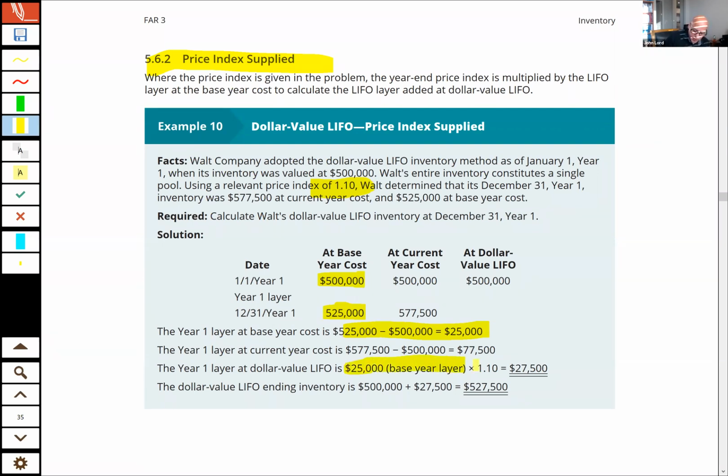So since I added 25,000 at base year cost, but I want to turn it into current cost, and they gave me, thank you God, the price index, I just multiply that by 1.10 that they gave me up here. And now I can just add that to the base year of 500,000. I add the current year layer. I got my dollar value LIFO. So if they give you the index, that's even easier.